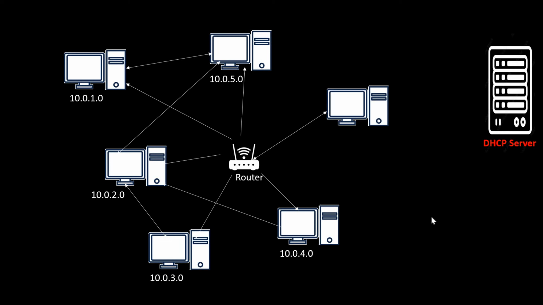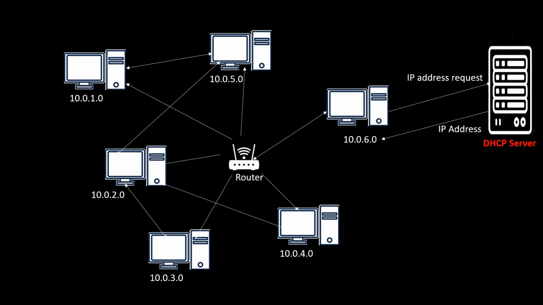As soon as a computer is added to the network, it requests an IP address from the DHCP server, and the DHCP server responds with a new IP and assigns an IP from its pool of free IP addresses. Along with the IP address, it also assigns a subnet mask, default gateway, and DNS server settings. This is all done automatically by the DHCP server.